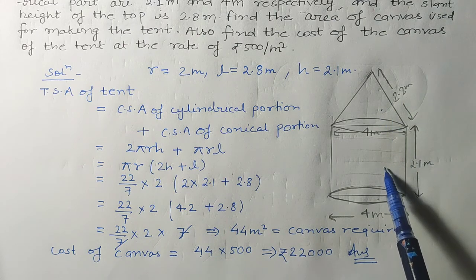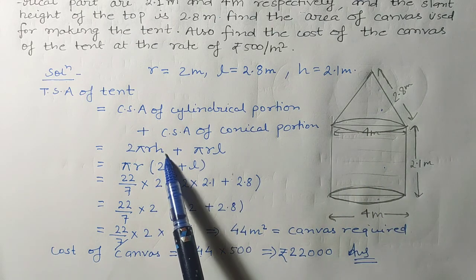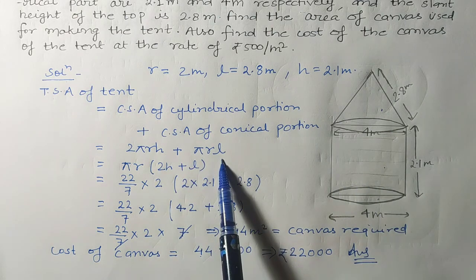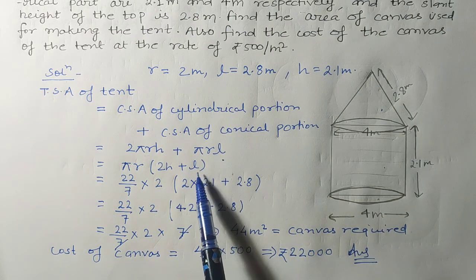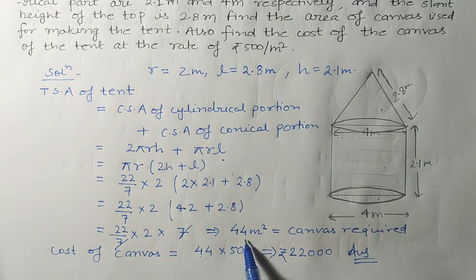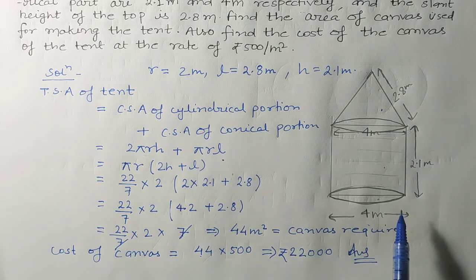So the curved surface area of the cylindrical portion is 2 pi r h, and the curved surface area of the conical portion is pi r l. When we take common pi r, it will be 2h plus L. After simplifying it, we have got the result 44 meter square.